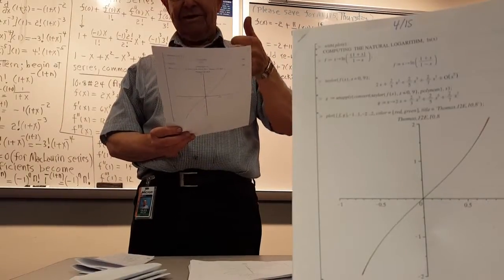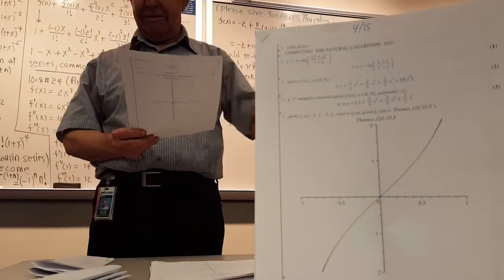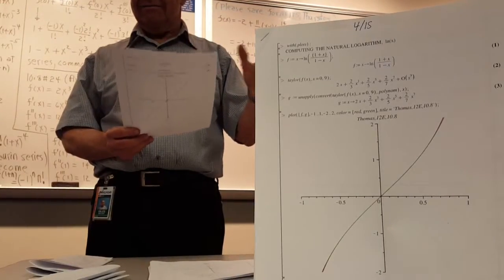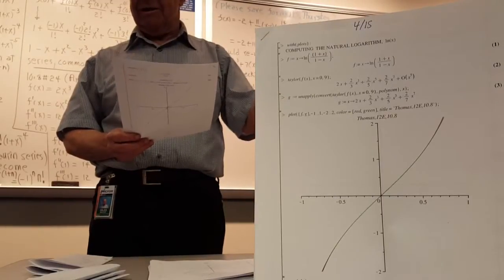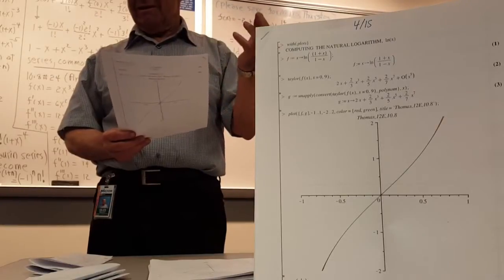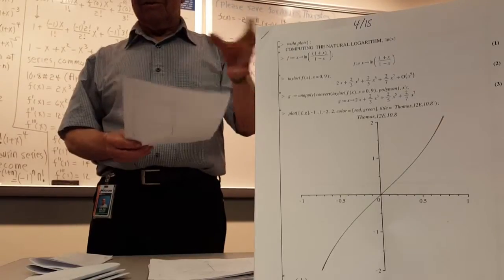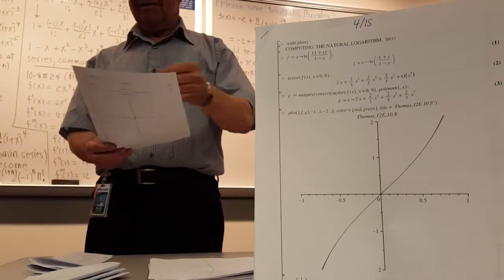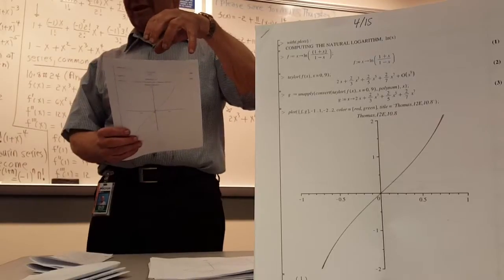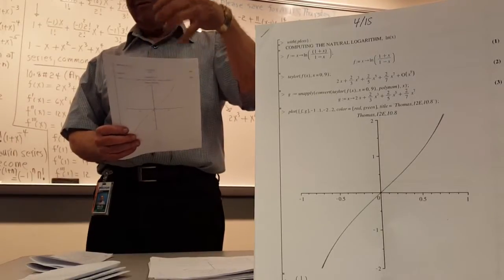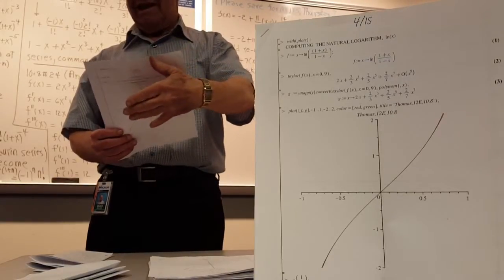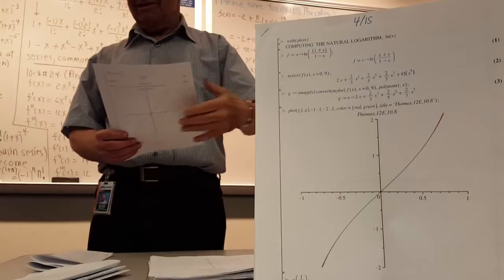Remember, when I say the 9th Taylor polynomial, I mean it has 9 terms, theoretically, including the constant, so it's a polynomial of degree 8. Like the first Taylor polynomial is constant plus something times x, okay? Well, if it turns out that that something, the coefficient of x, which comes from the first derivative, if your first derivative happens to be 0 at the a value, then all you see is the constant.